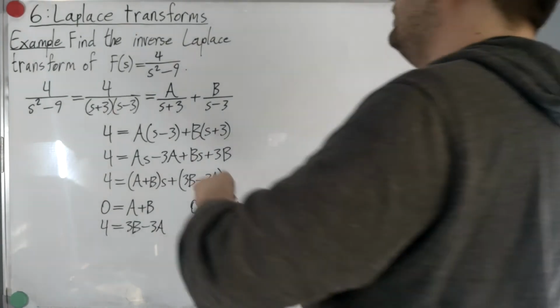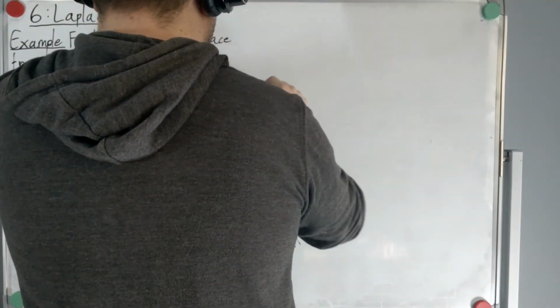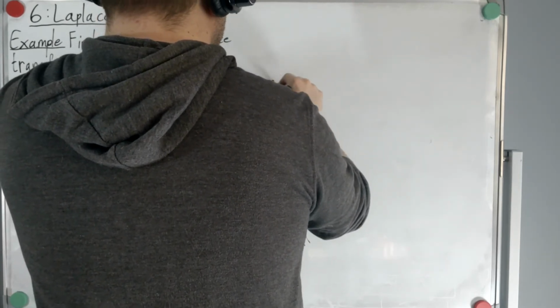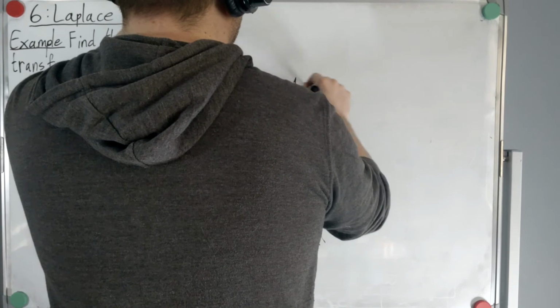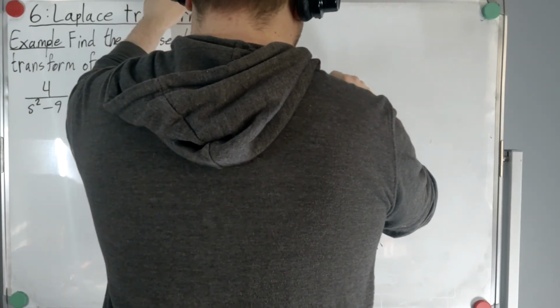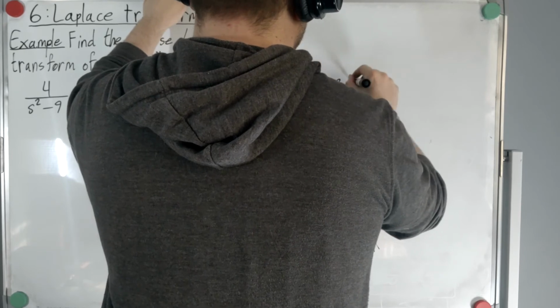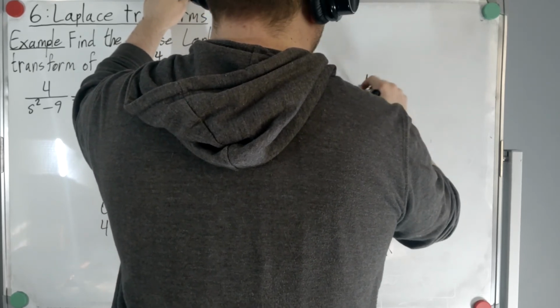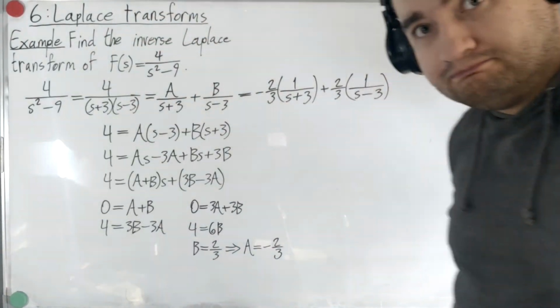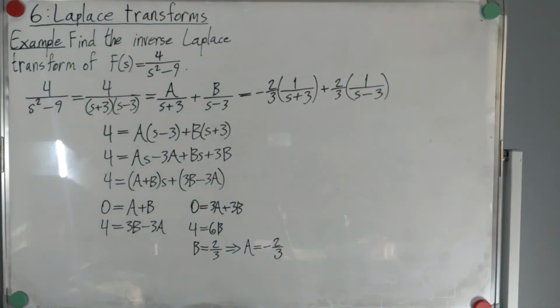Thus, our function right here can be written as negative 2/3, 1 over s plus 3, plus 2/3, 1 over s minus 3. Okay?